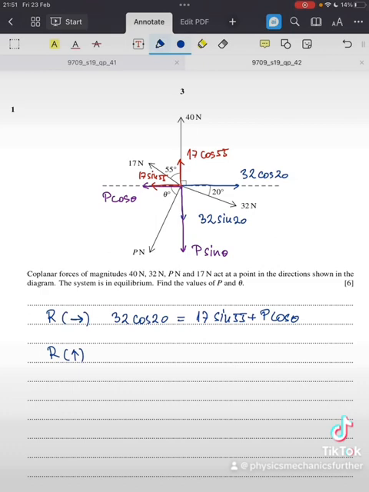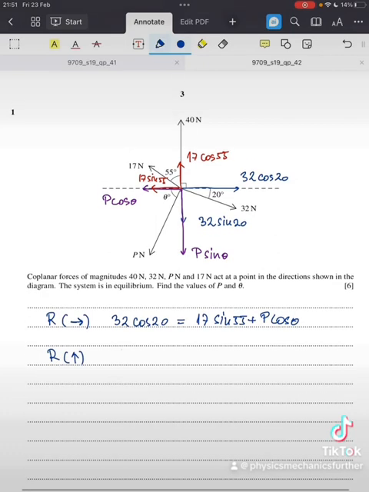And I'm going to do the same thing vertically. The sum of the forces acting upwards, 40 plus 17 cos 55, is equal to the sum of the forces acting downwards, P sin theta plus 32 sin 20.